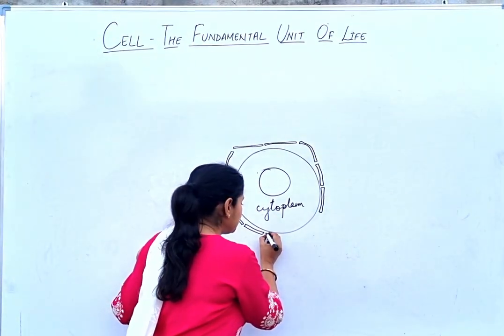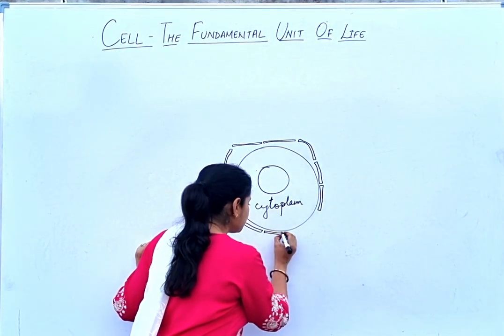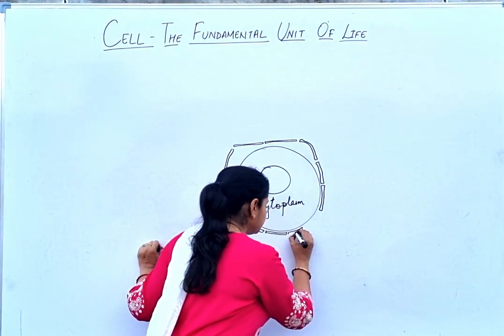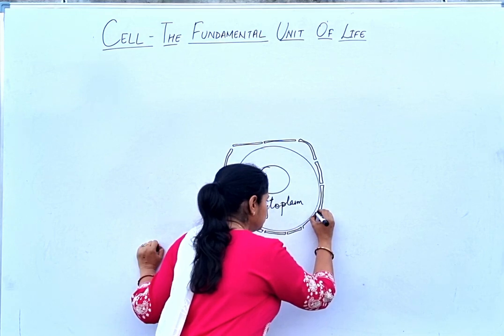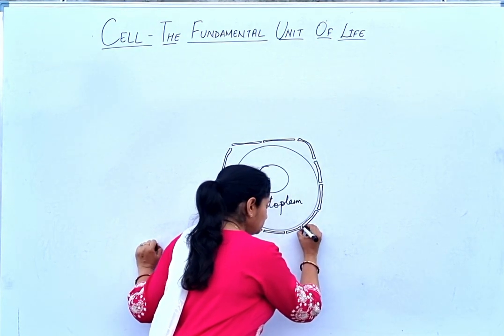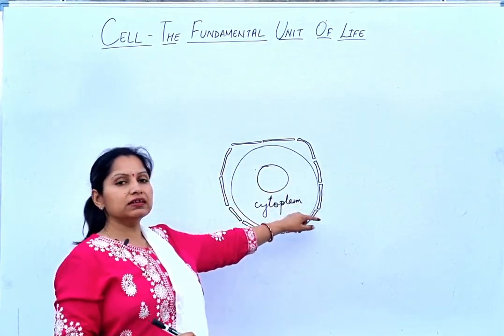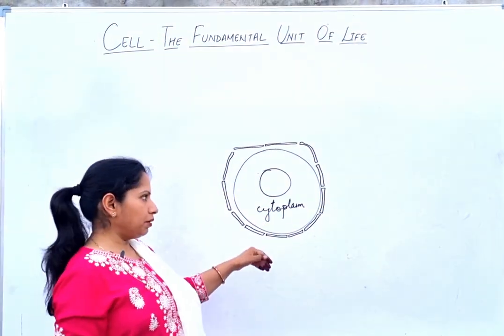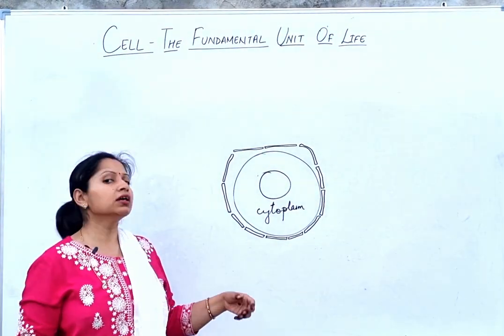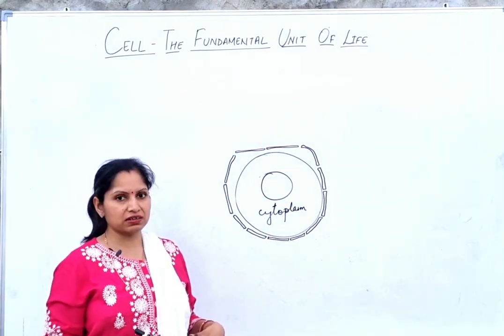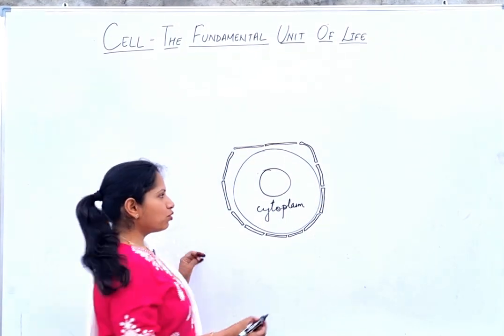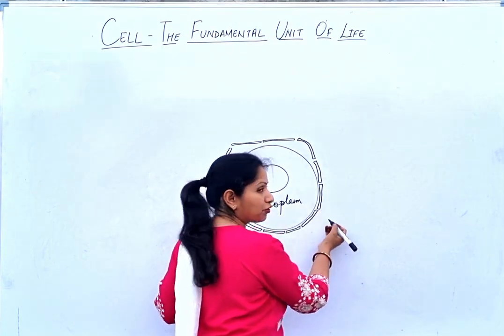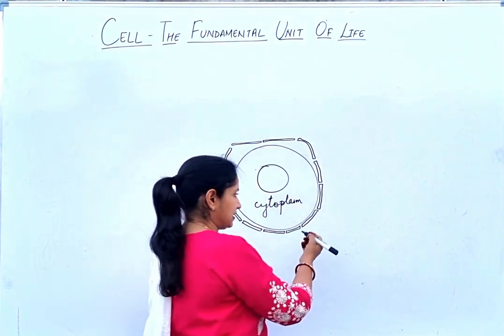I'm just completing my cell wall. The cell wall is a discontinuous structure, meaning it is interrupted, it has gaps in between, that are the pores present in the cell wall, and through these pores only anything can come across into the plant cell.